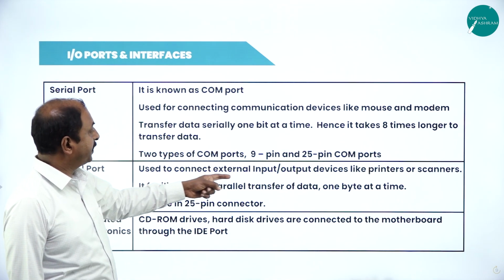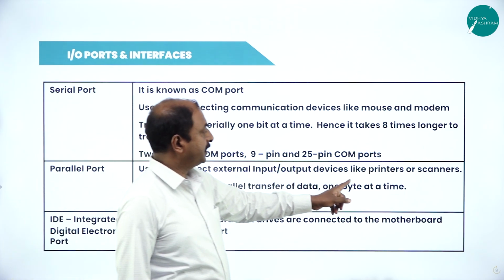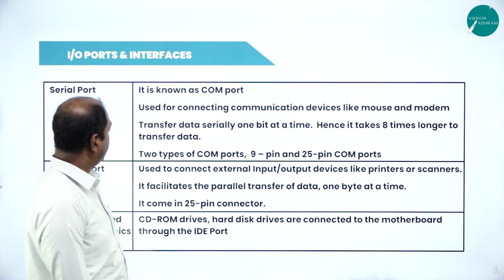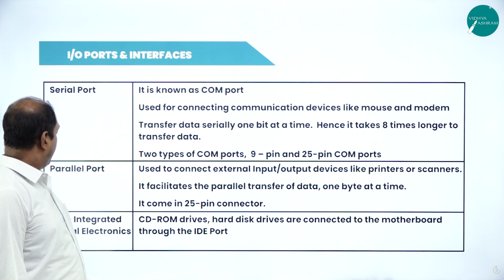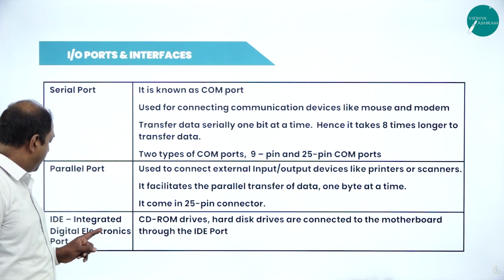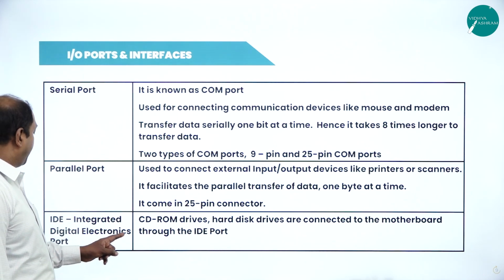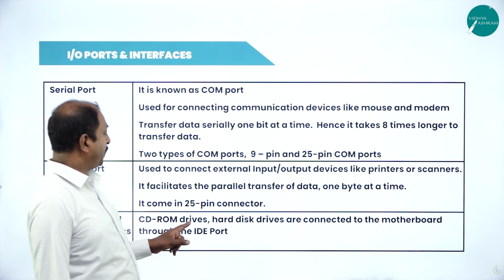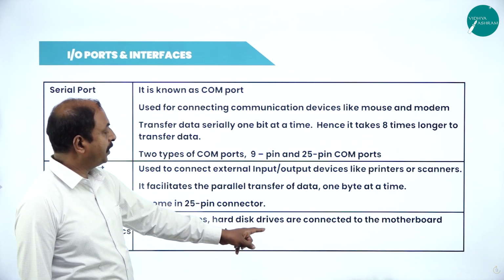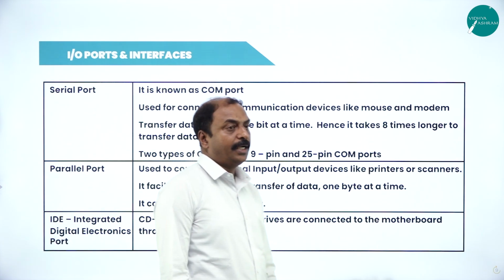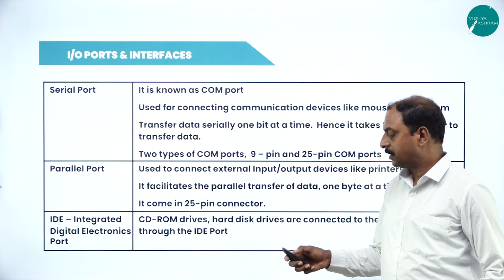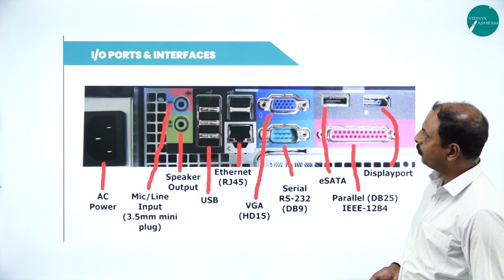It connects external I/O devices like printers or scanners, and it comes with a 25-pin connector. Next one is IDE, integrated drive electronics. CD-ROM drives and hard disk drives are connected to the motherboard through this IDE port. So these are the specifications of different I/O ports.